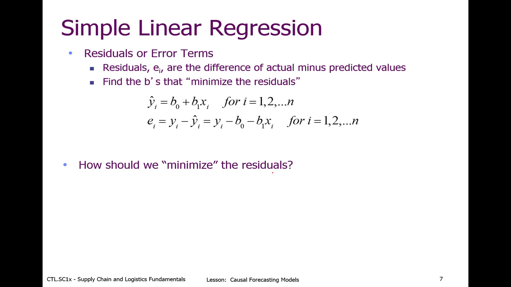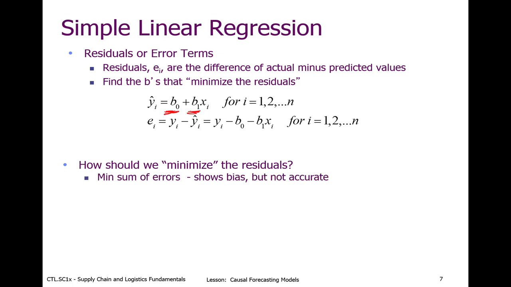So we want to find the b's. Remember, we're estimating these b naught and b1. And why do I use lowercase b's instead of the betas? Well, that's simply because these are sample estimates rather than the theoretical values. So in any case, I'm trying to determine this b0 and this b1. And I want to do this by minimizing the residuals.